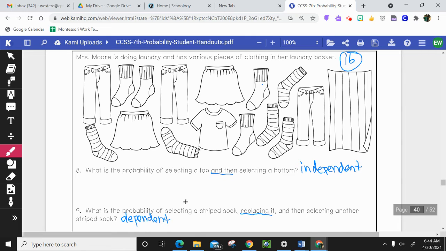So I'm always starting with 16, but then I'm taking an item out. So top, there was only one top. So now for my second event, a bottom, I have the top in my hand, so there are only 15 items in there. But since I'm looking at bottoms, I don't have a top in my hand, so I will count both sets of bottoms here.